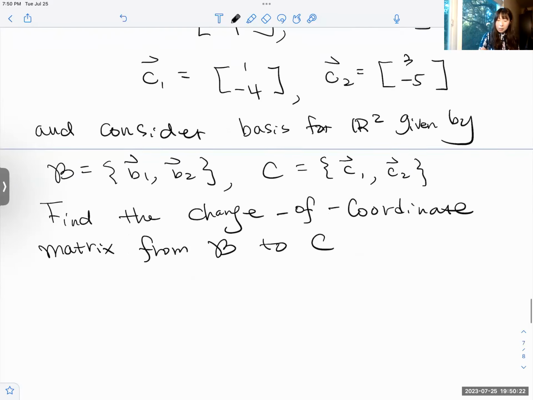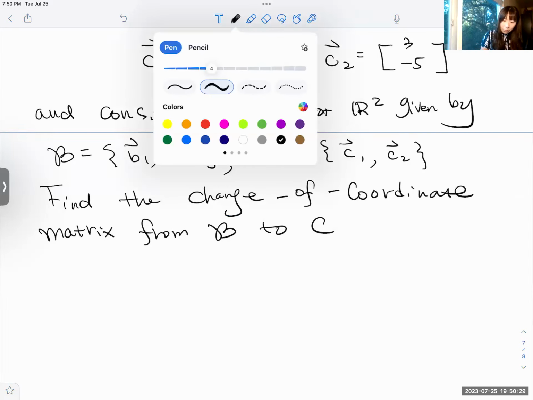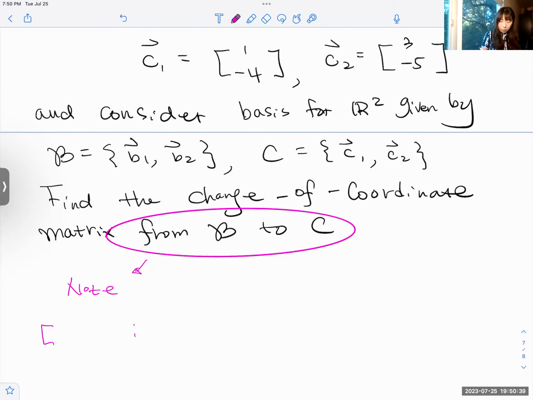Okay, so let me give you a quick way. So B to C, so we are making the vectors C here and B here, right?